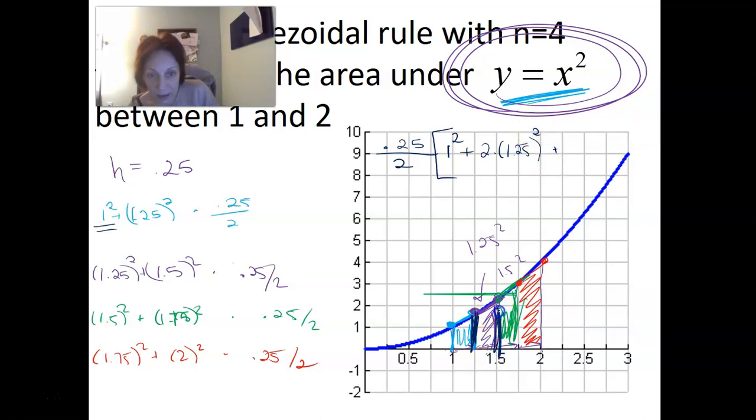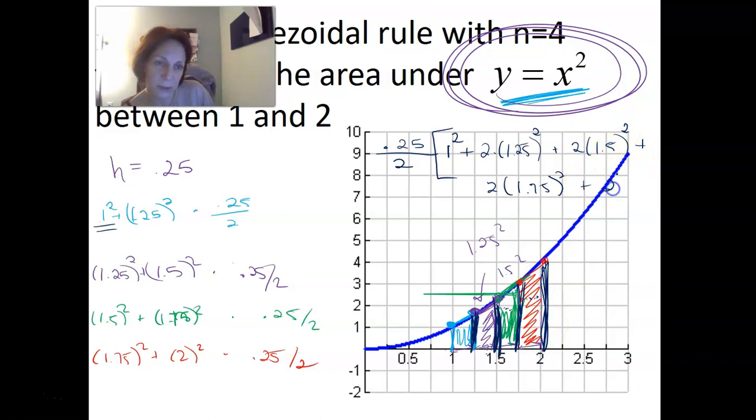This height right here, 1.5, got used twice. Once for purple and once for green. So 2 times 1.5 squared. Plus, this height right here, the 1.75, got used twice. Once for green and once for red. So 2 times 1.75 squared. And then last but not least, this height right here only got used once.